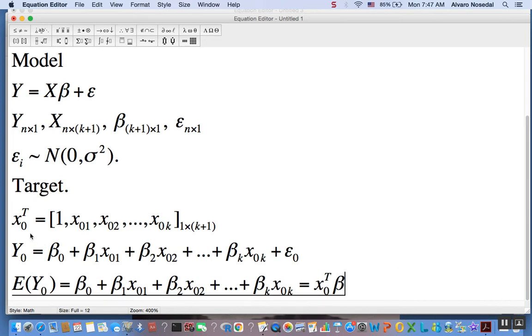This would be x0 transpose, a 1 by k plus 1 vector, times a k plus 1 by 1 vector. So yeah, it makes sense, right? We can carry out that multiplication.